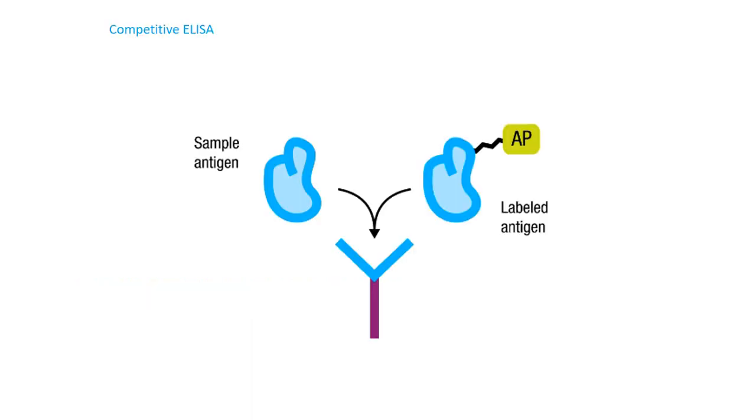So next we're going to talk about a competitive ELISA. The whole concept of a competitive ELISA is that the target or antigen you're interested in has to compete with a labeled antigen provided by the company, in terms of competing for the detection antibody.